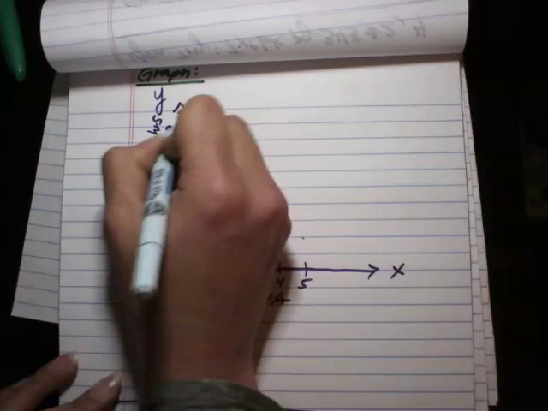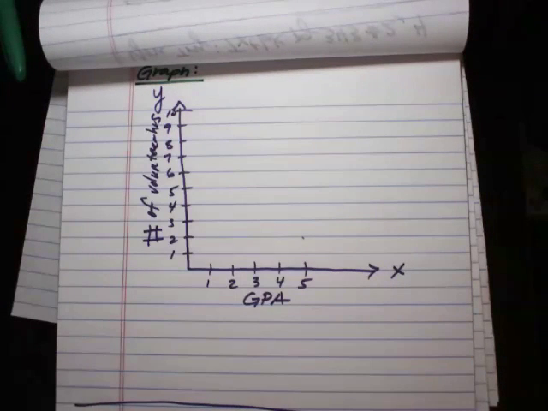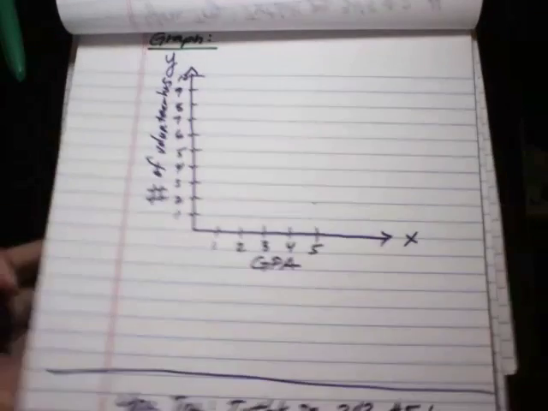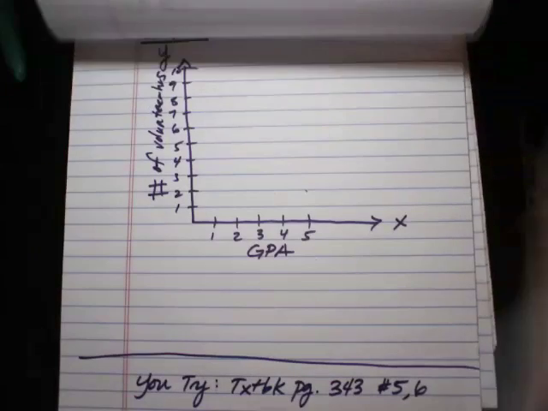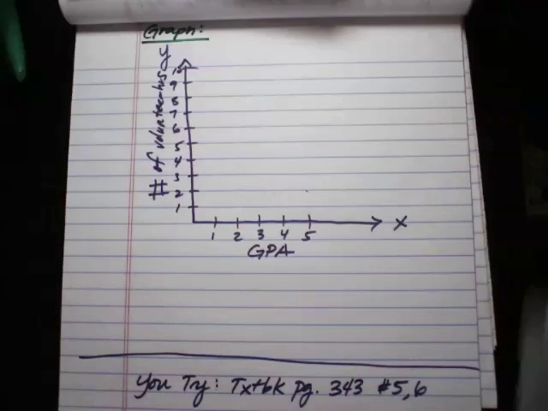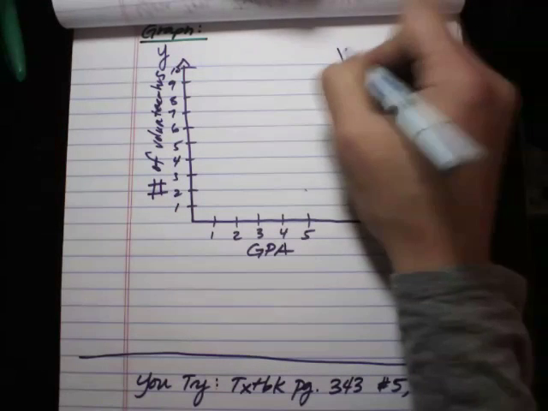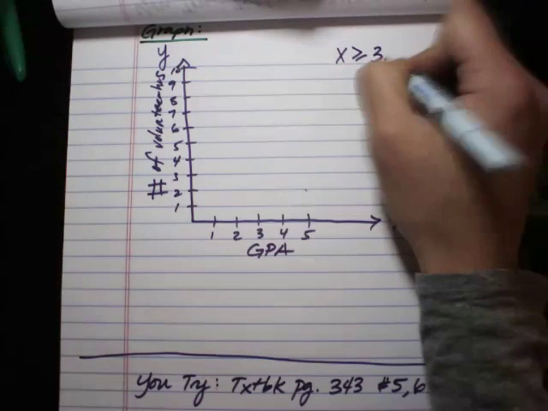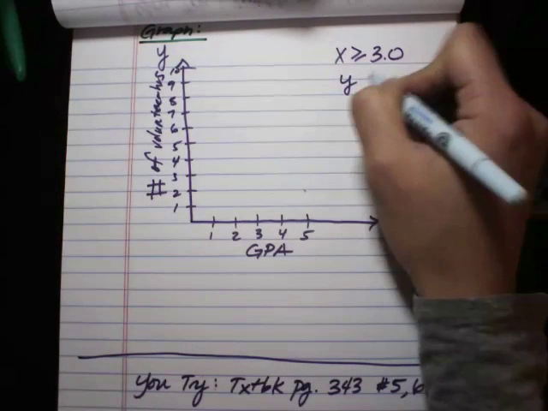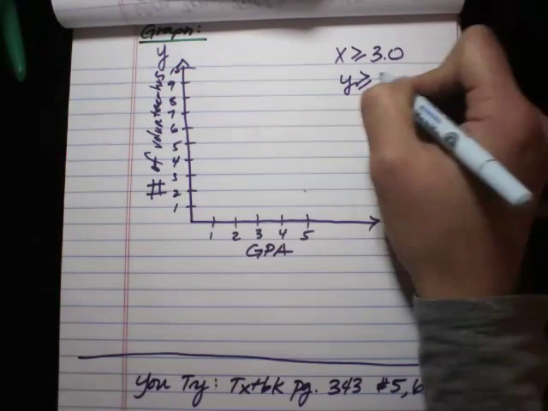So I can go ahead and number all the way up to 10. Our two inequalities are X is greater than or equal to 3.0, and Y is greater than or equal to 10.